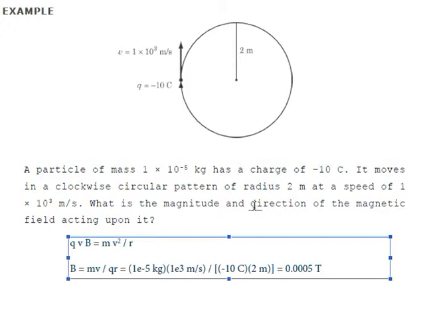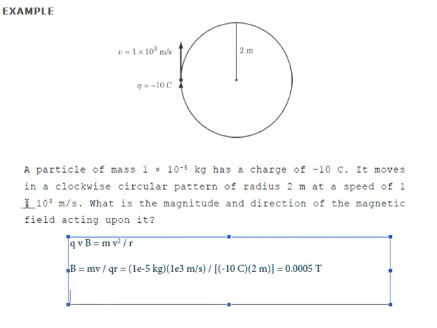Thumb is for force, so that one should be pointing in towards the center of the circle, so off to the right if we're at this point here. And then stick your middle finger out so it's perpendicular to the other two, and you should be pointing right at yourself. So the answer here, we would say something like 5 times 10 to the minus 4 Teslas directed out of the page.